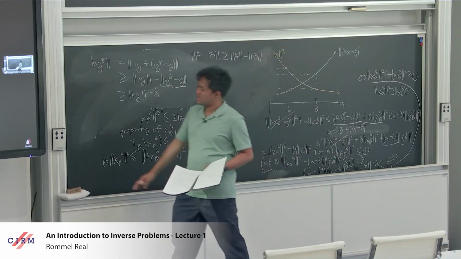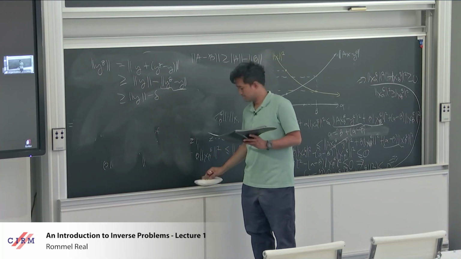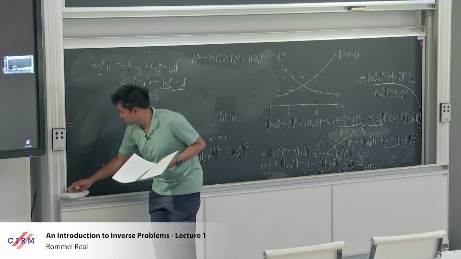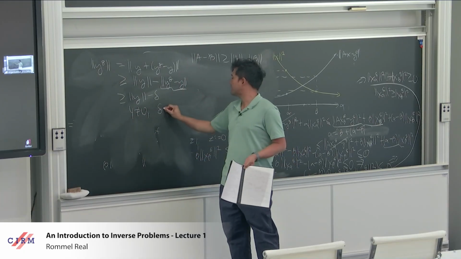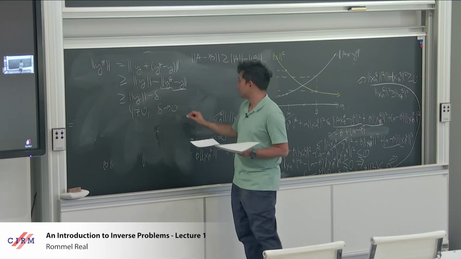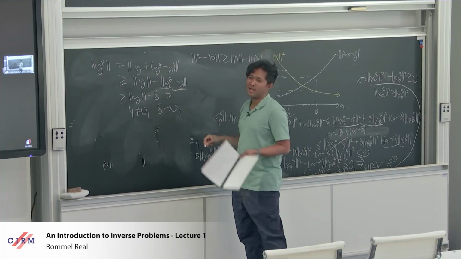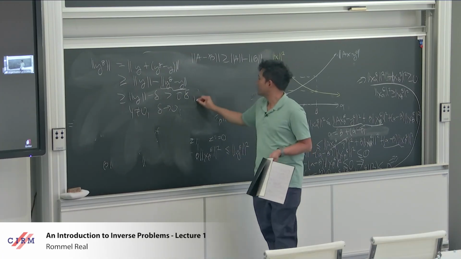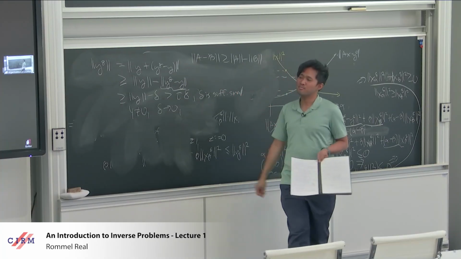Now, since y is non-zero, and because in this result we want to let delta go close to 0, we can set the norm of y minus delta to be greater than a multiple of the noise level, let's say tau delta, where delta is sufficiently small.